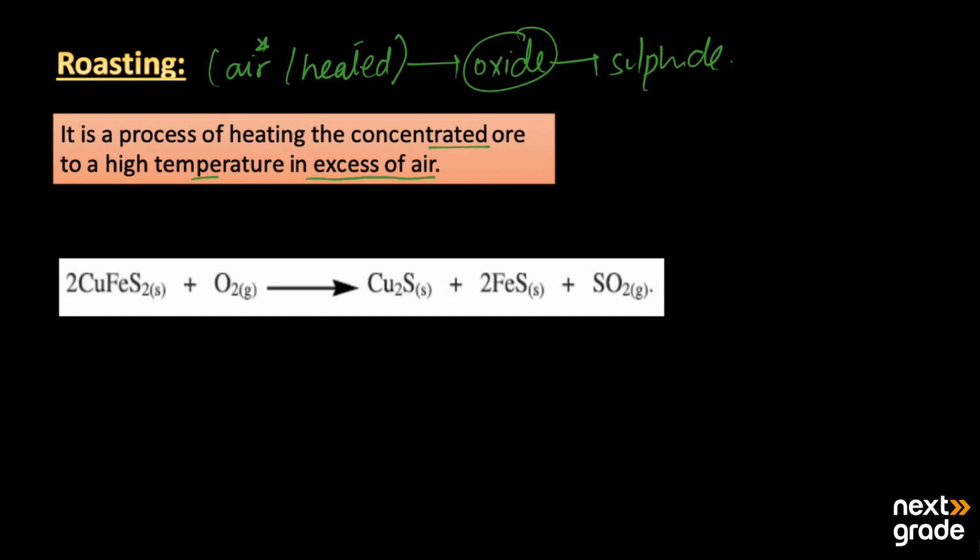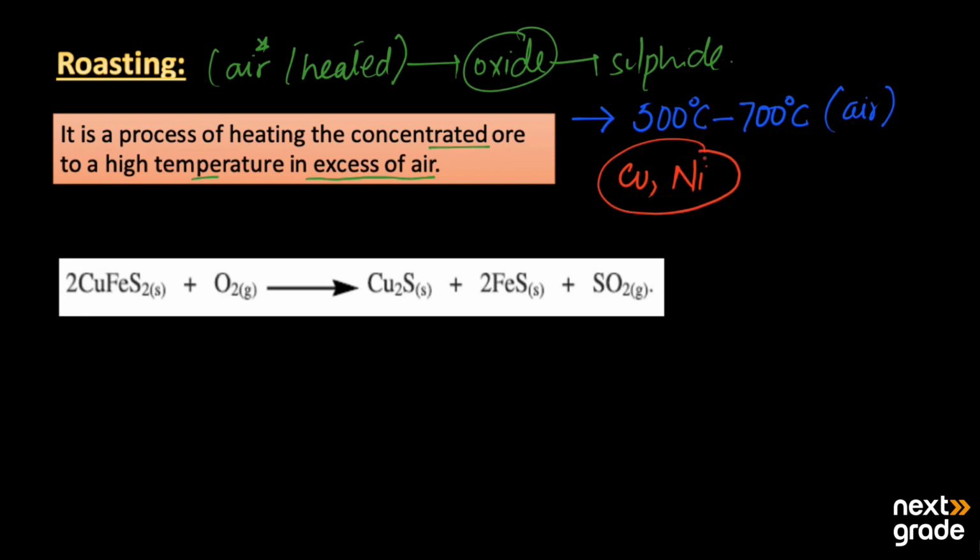Basically, the concentrated ore that we gain after the process of concentration is heated in a furnace at almost 500 degrees Celsius to 700 degrees Celsius, in the presence of air.